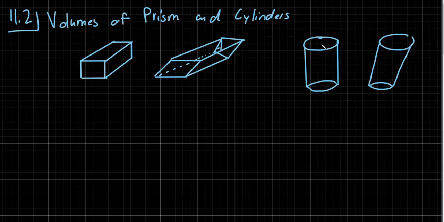Except instead of our height going from the center down, it's now coming down from over here, like so. This is now a height over here. So this is now the height, instead of it just being this line.